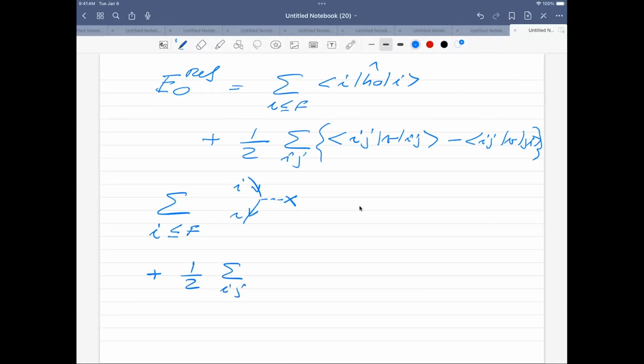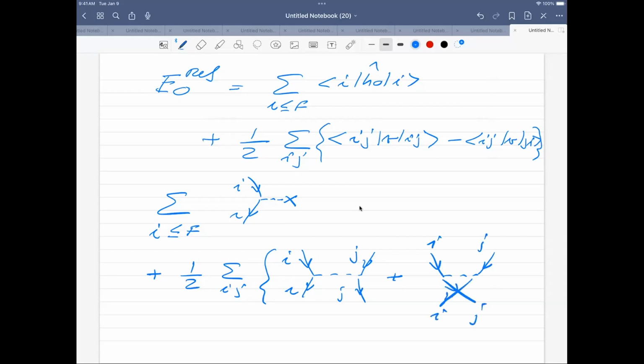And if I'm now setting these up as diagrams, I would have the following. So I have my I here and my j here, plus, and I will keep that one. But then I get a cross term here.